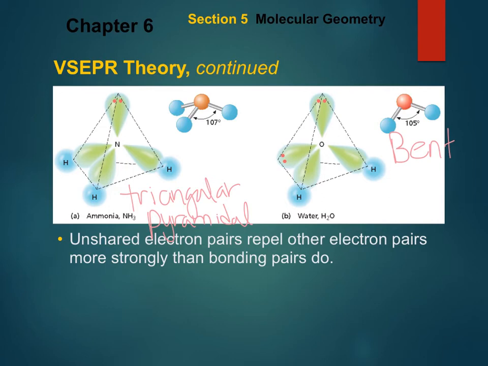The key thing to remember is that these lone electron pairs in both images take up space and repel electrons more strongly than bonding pairs, causing the bond angles to change.